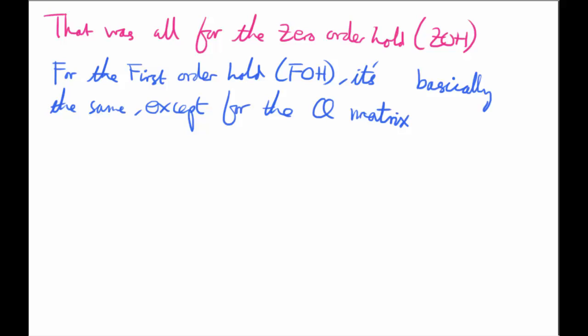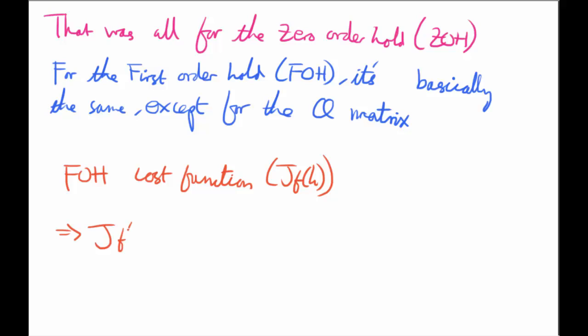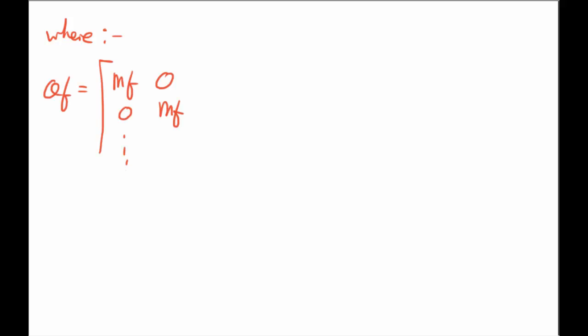The most obvious thing about it is that the new Q matrix is a lot smaller than the Q matrix of the zero order hold, because there's one less state to deal with. So the MF matrix, or the MZs that you had in the zero order hold version, is going to be a 3x3 instead of a 4x4. So the QF matrix is going to be a lot smaller.